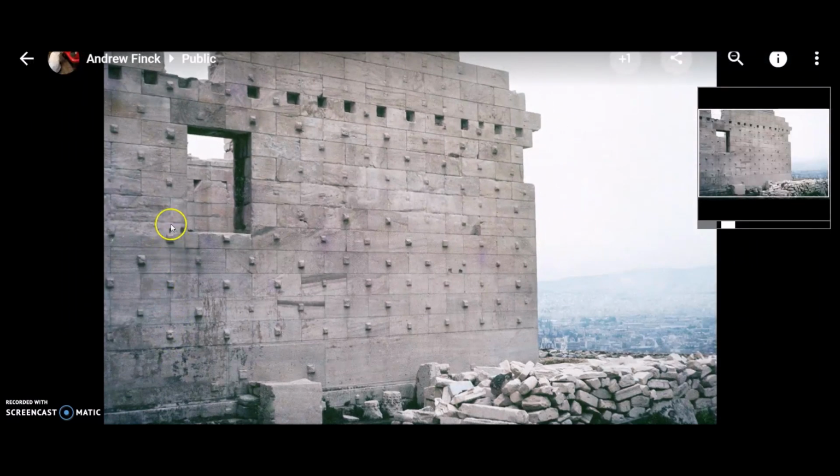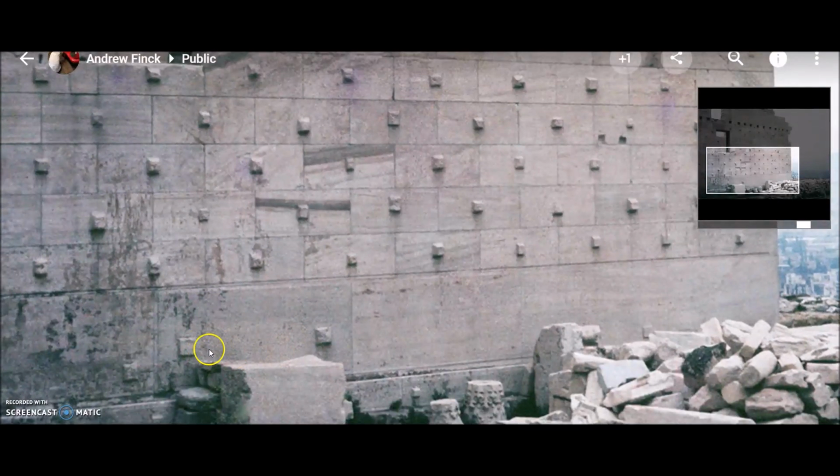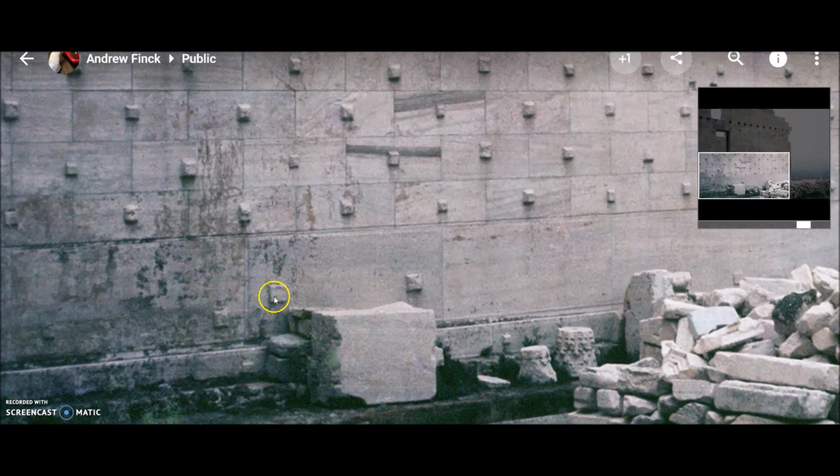Some of them are in very good condition, but for these, if someone was to say it's a lifting aid, I could understand that. They are all in the center of the blocks, and if you were going to attach rope and tackle, and you were lowering these blocks into place, that would make sense. On these bigger foundation blocks that I believe are bevel blocks, they have the larger knobs, and one on either side, perhaps for lifting.